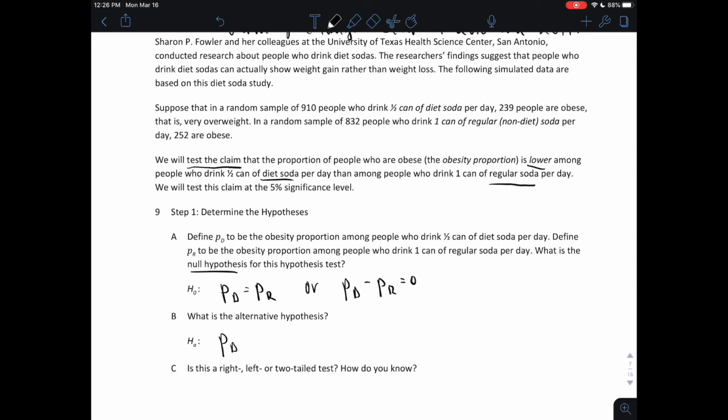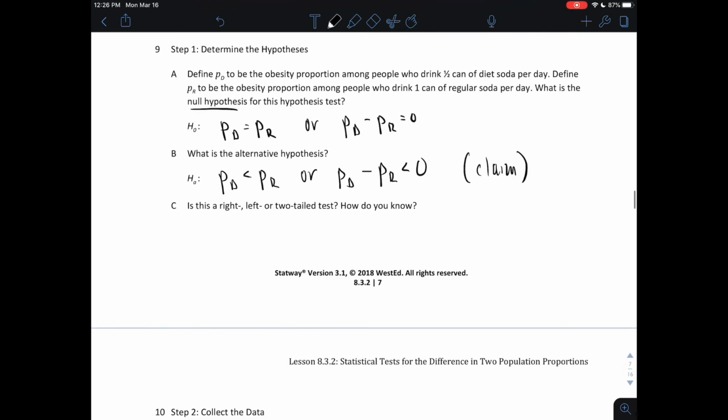So that would be P sub D is less than P sub R, and that means the same thing as P sub D minus P sub R is less than 0. And we should also write that this was our claim. And since we have that less than symbol in our alternative hypothesis, that means that we are going to have a left-tailed test.